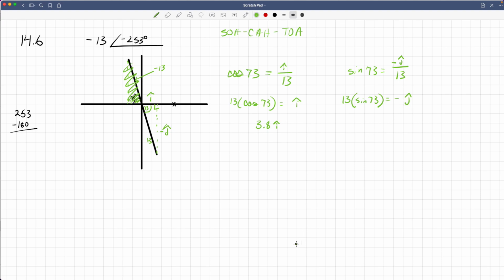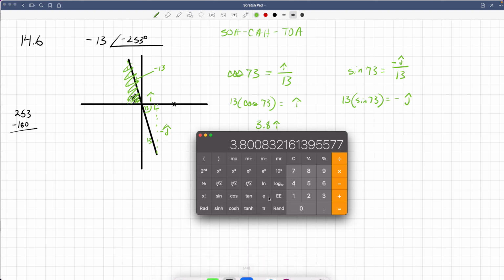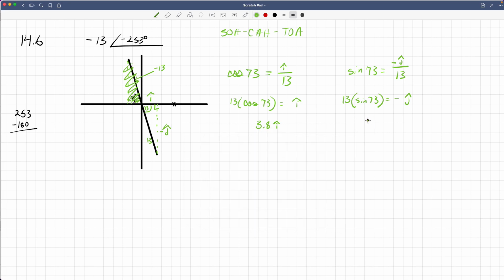So I'm going to do that on my calculator. The 73, the sine, times 13 is equal. And can I round this? No, because the 1 isn't rounded, so it's 12.43. So 12.43, and it's a negative j, so that's j, but it's negative.